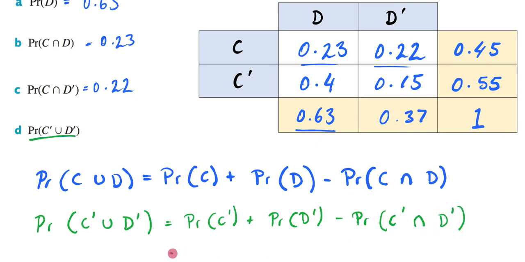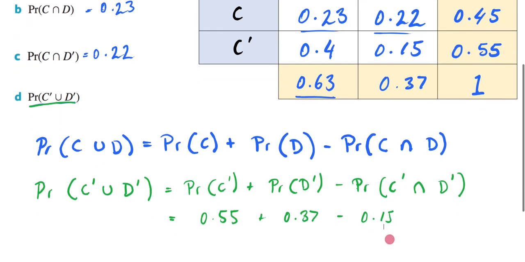Then I can start filling in some points. I know that the probability of the complement of C will be 0.55. I know that the probability of the complement of D will be 0.37, and I know that the probability of the complement of C intersection the complement of D is going to be 0.15. So let me scroll down now.